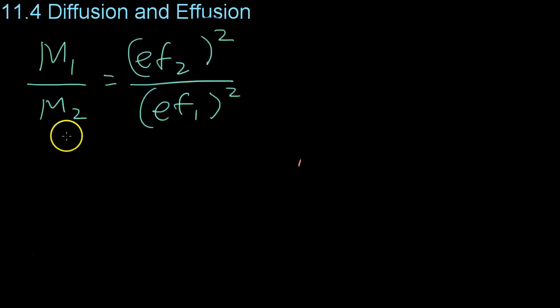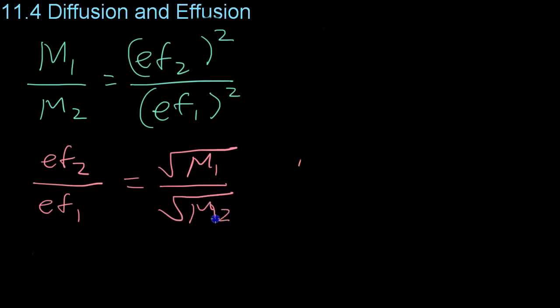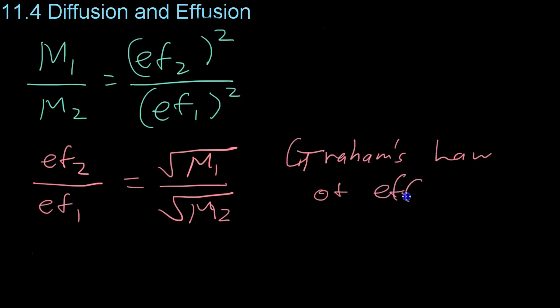Alright, so having cleared that up, we'll get on to our final step, which is that the rate of effusion of, say, gas 2 over the rate of effusion of gas 1 is equal to the square root of mass 1 over the square root of mass 2. And this is something that is known as Graham's law of effusion.